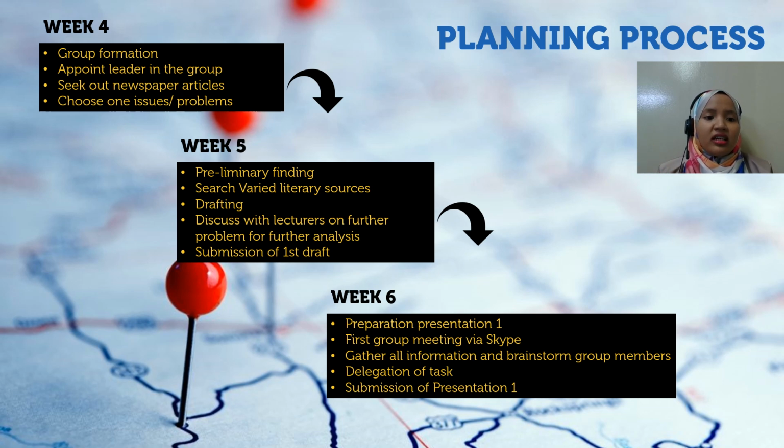The details were written in point form so that all of our group members can understand clearly the flow of the project that we want to do. We also discussed further problems for further analysis with the lecturer. This is because we want our journey in completing this assignment to always be on track.